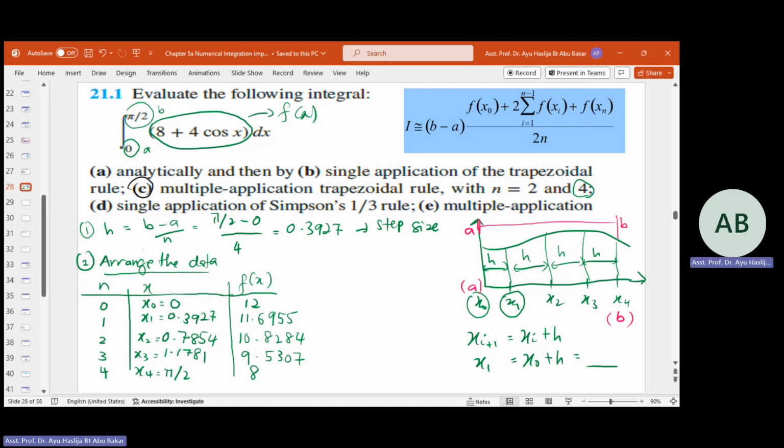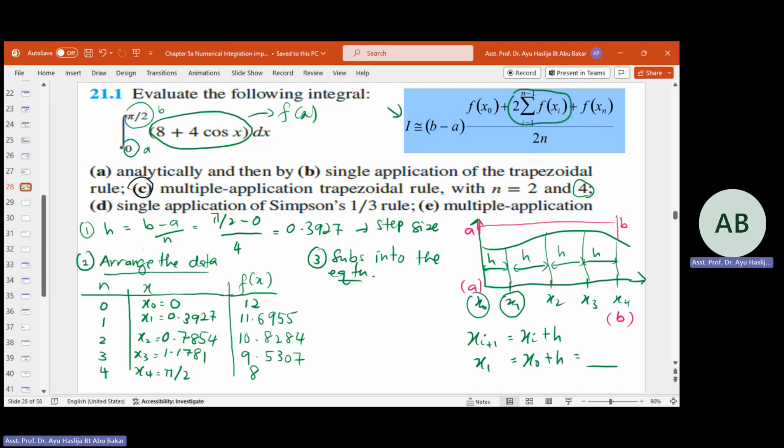Okay, so once you obtain all the values, the data, then sub into the integration equation for multiple application. This one, trapezoidal multiple application. Remember the intermediate part is multiplied by 2.